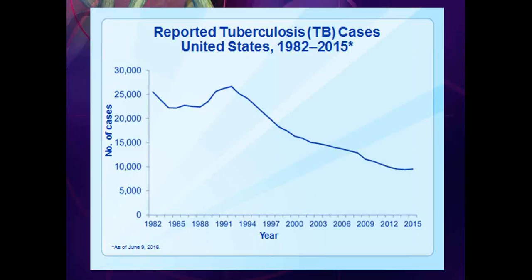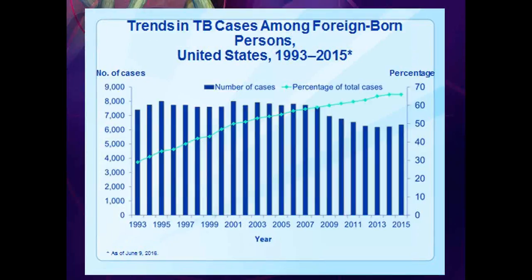This is really a historic low for our country. And the reason why, in my mind, this curve continues to diminish is that we have done a much better job the last 15, 20 years of investigating contacts and diminishing the spread of TB from cases to contacts through better contact investigations and more aggressive treatment of contacts. And we see this here too. It's the same explanation.